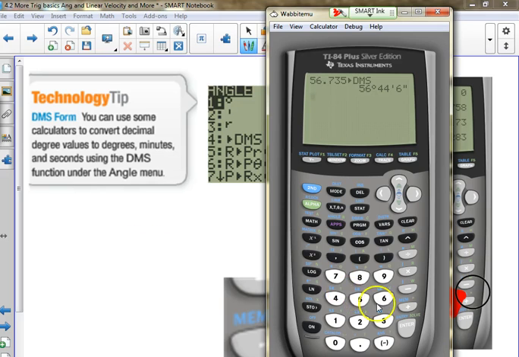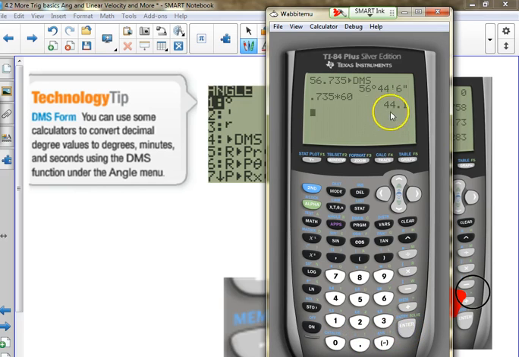Let me show you the long way, just so you know where this came from, okay? Back in the day, I would have taken that number and subtracted off the 56 and written that down on my paper because that's the whole degrees. That makes sense? And then this part, this 0.735, I would have said, well, that's a part of an hour, or in this case, a part of a degree.